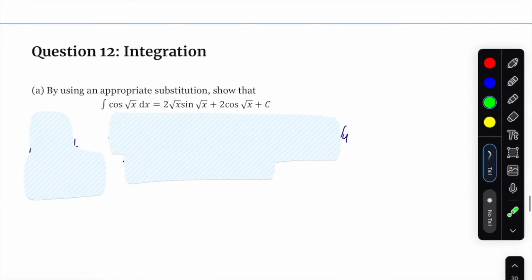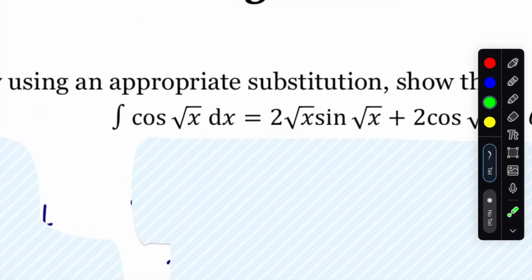So for this one, it asked me to do the substitution, but I think it was harder because it didn't give you the substitution. But you know what? It should be in your blood when you do integration by substitution: always try to work with the substitution inside the function. So even though its derivative is not directly multiplied outside, it's very tempting to use the square root of x as a substitution.